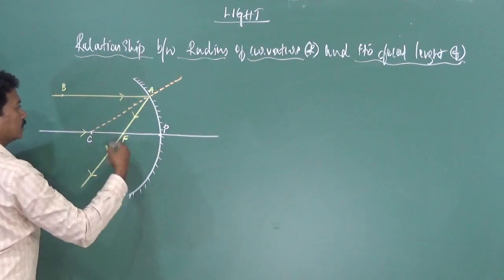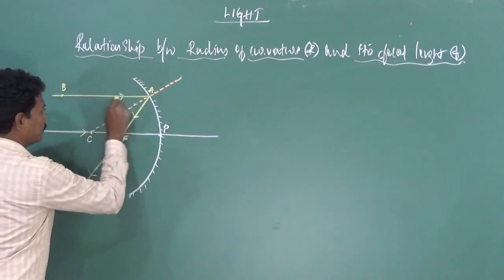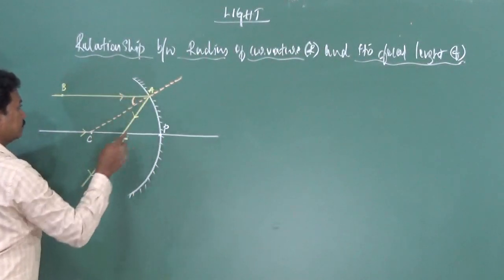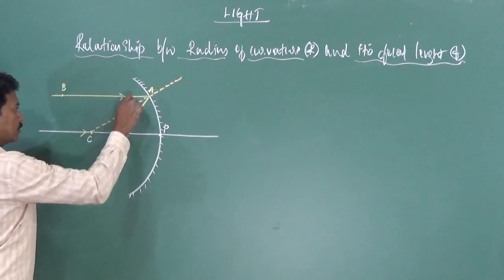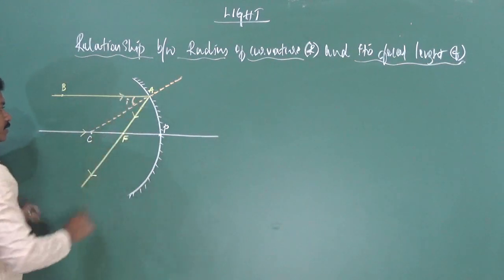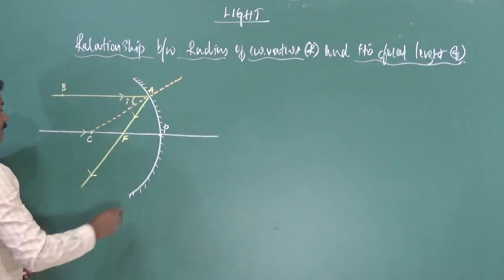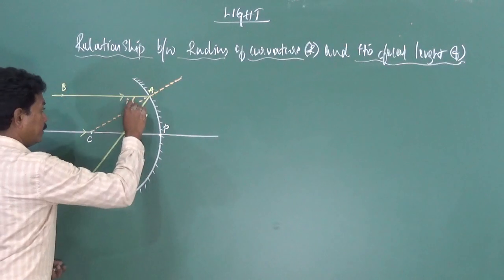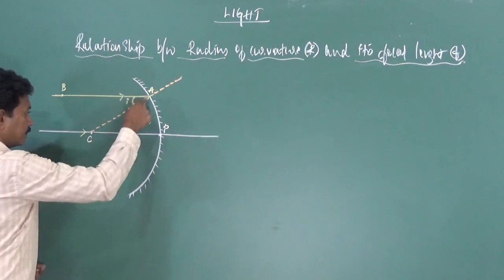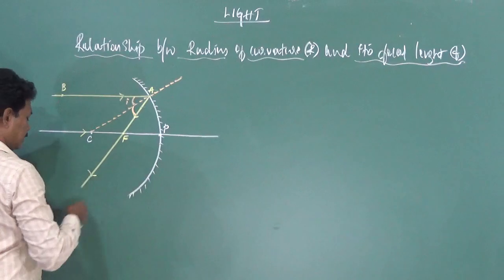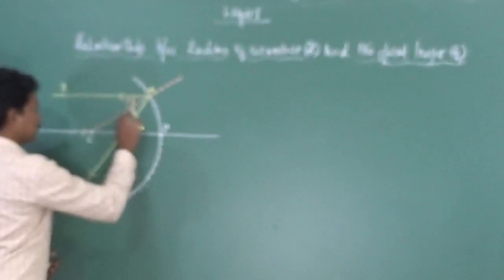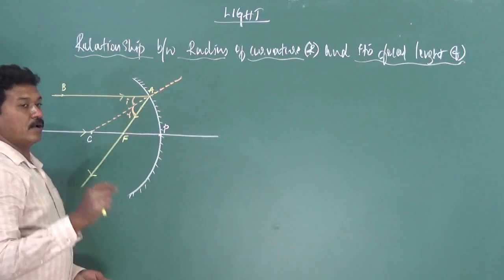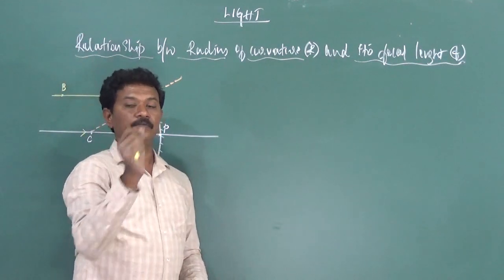According to the law of reflection, the angle between the incident light ray and the normal is called the angle of incidence, which I represent by small i. The angle between the reflected light ray and the normal is called the angle of reflection, r. This angle will be exactly equal to this angle according to the law of reflection.